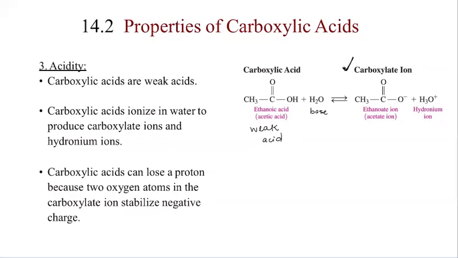So when it comes to this equilibrium, we're mostly going to have carboxylic acid in water. Now, one of the things that I want to specify, because it's not discussed in detail in the textbook, is going to be the naming of that carboxylate ion.